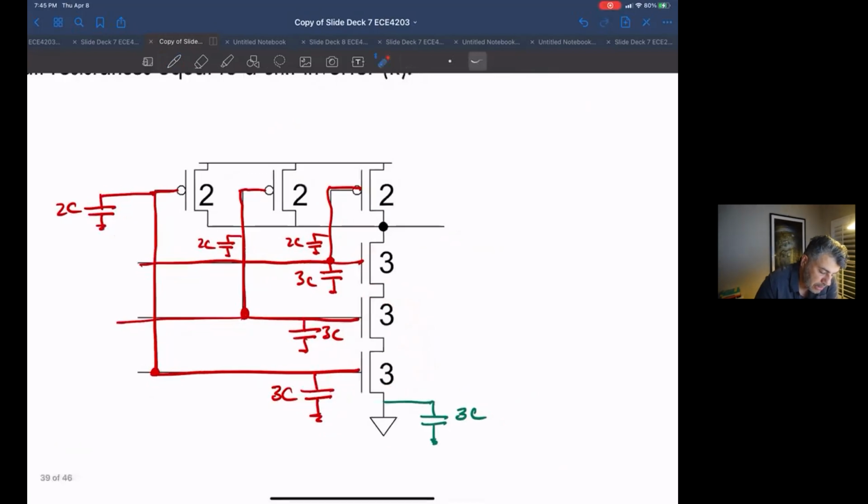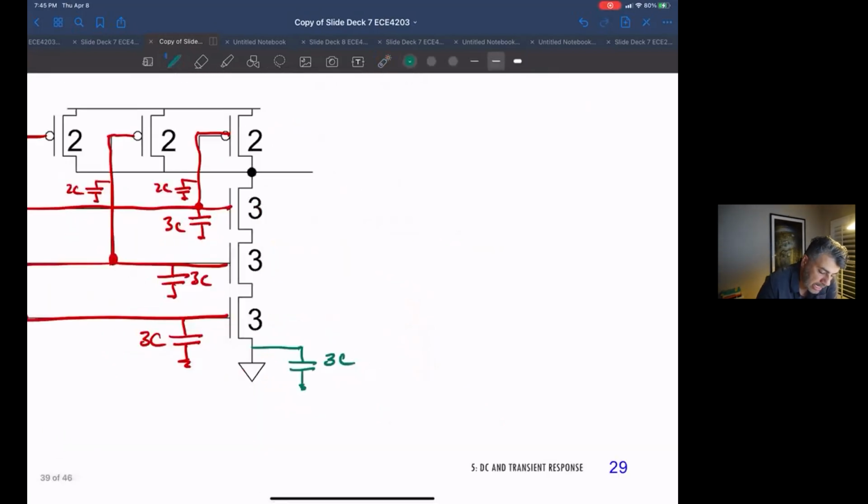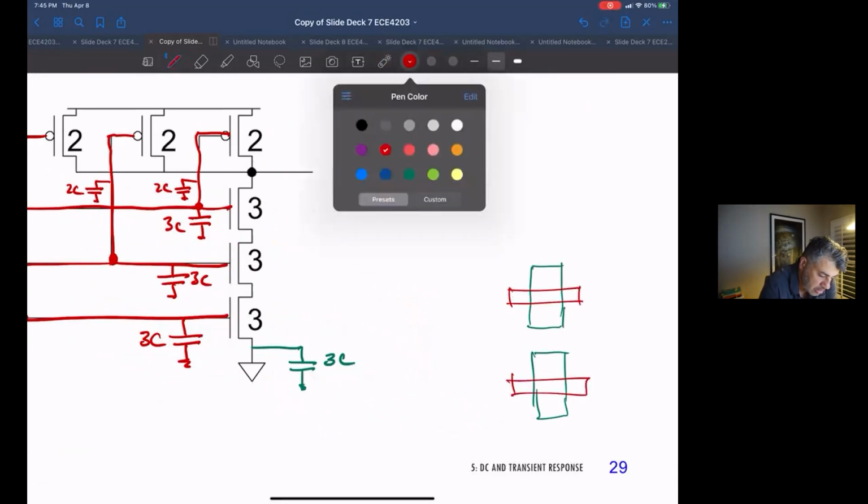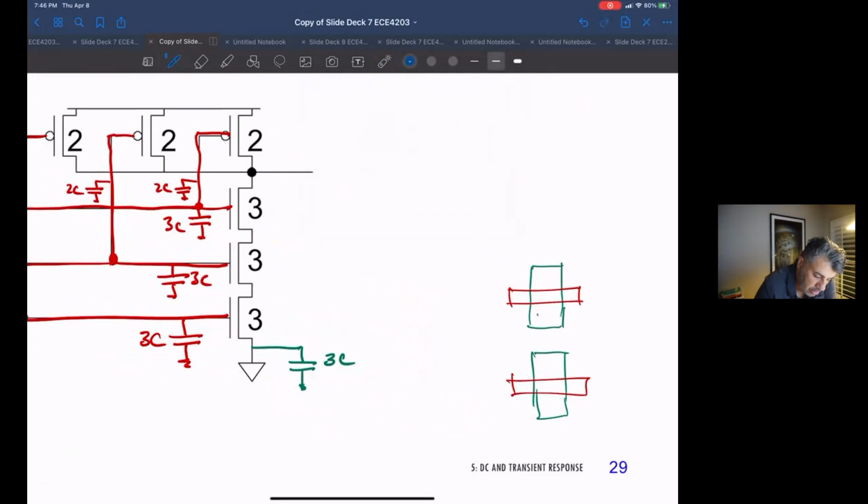If we did a bad job on the layout, and drew that as 2 separate transistors and then connected them up with metal, we would have 3 times the capacitance of this guy plus 3 times the capacitance of this guy, because these are 3 times wider than the minimum size.